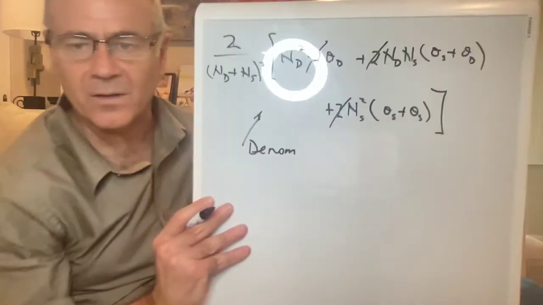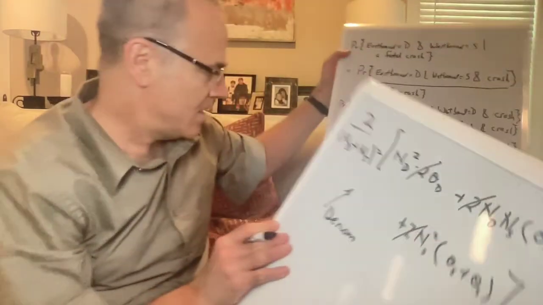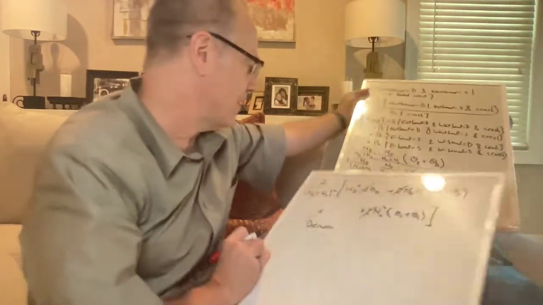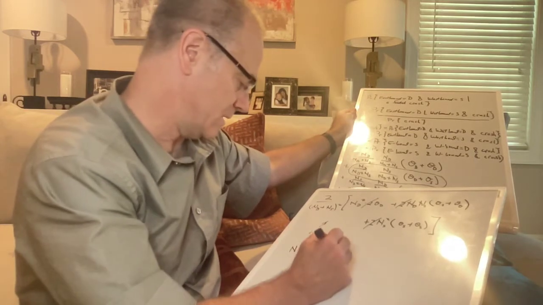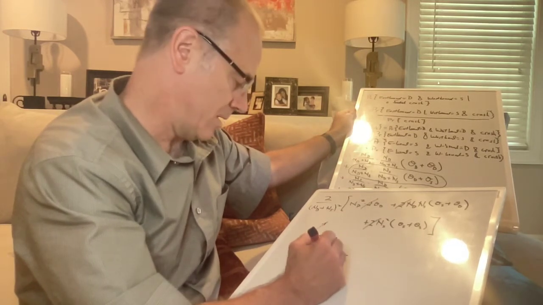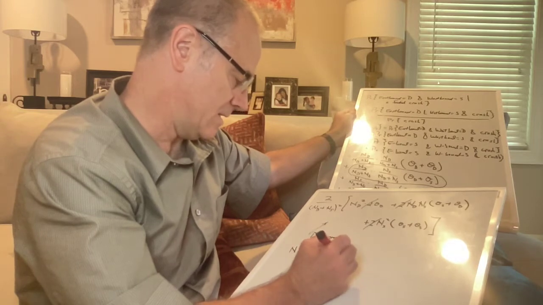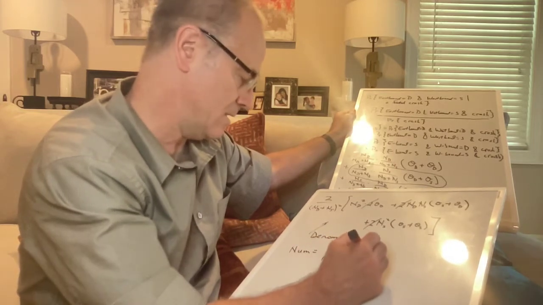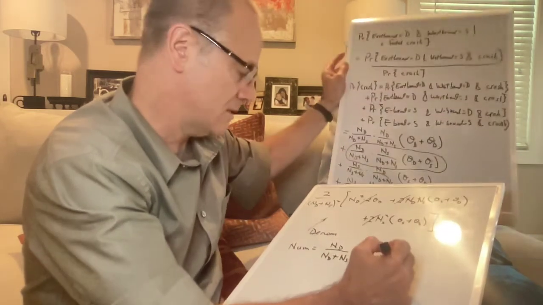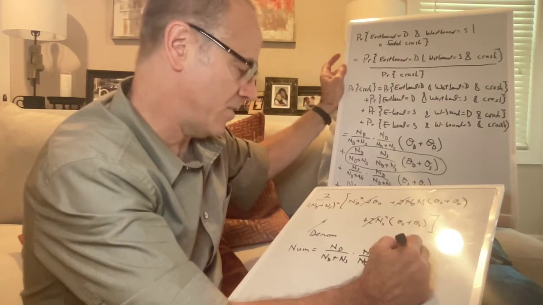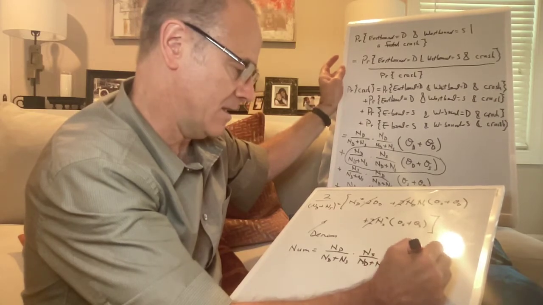The numerator equals ND divided by ND plus NS, times NS divided by ND plus NS, divided by theta D plus theta S.